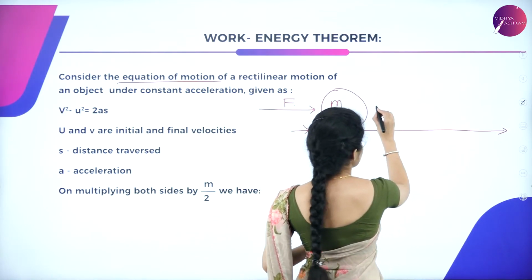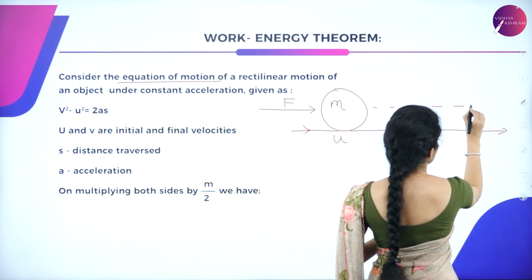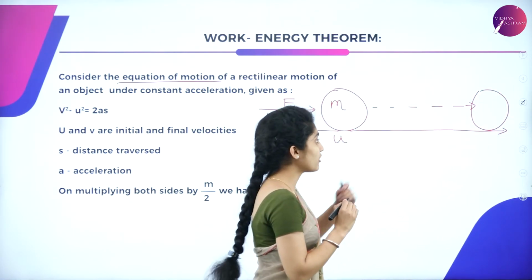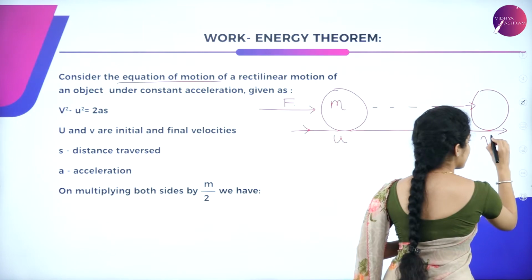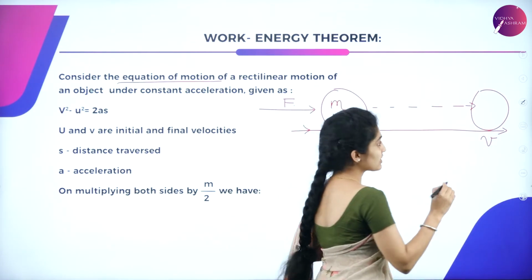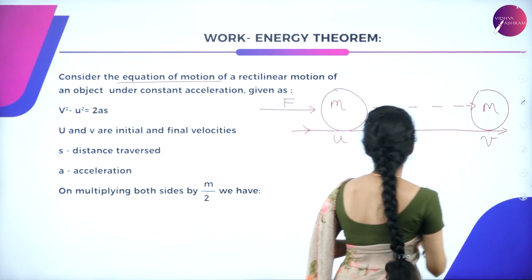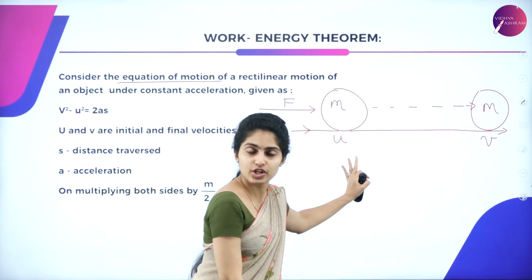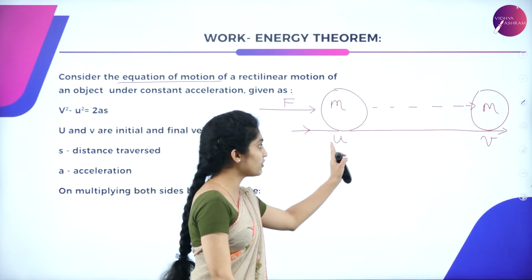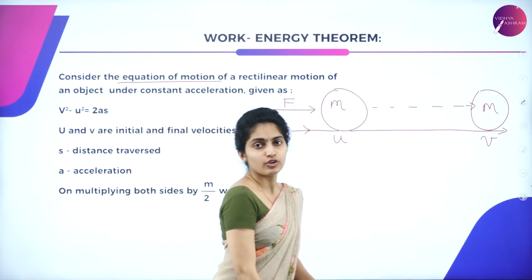So what happens? Your object travels, and just consider this is your final position. This will be your final velocity, and the mass is the same, which doesn't change. So this is your initial position and that is your final position, with initial velocity and final velocity.